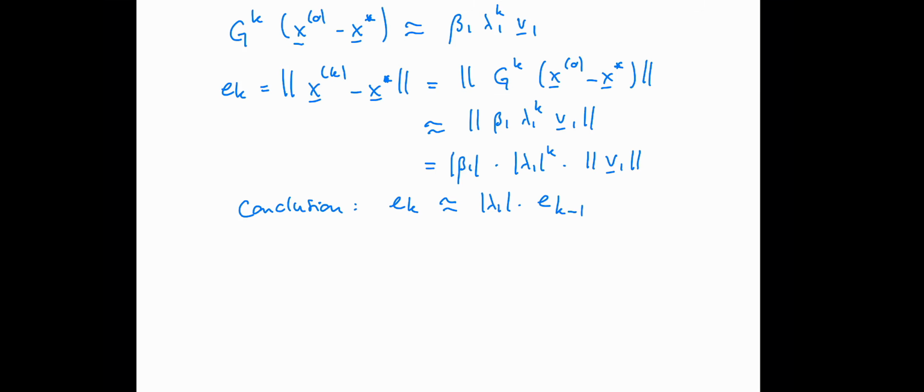And this is precisely the spectral radius of G times e_{k-1}. And that is what we needed to show. So this concludes the proof. And now let's go back to the slides.